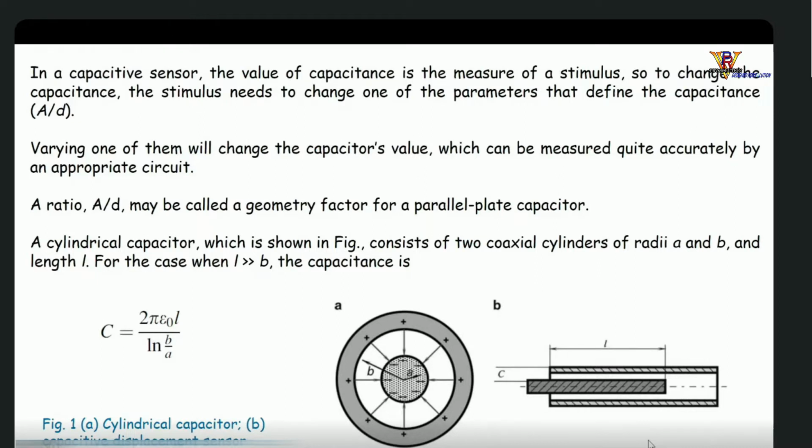Two parallel plates are separated by a distance D, and the overlapping area of the parallel plates is given by A. Between these two plates, air is the medium, so epsilon is the dielectric constant of air.